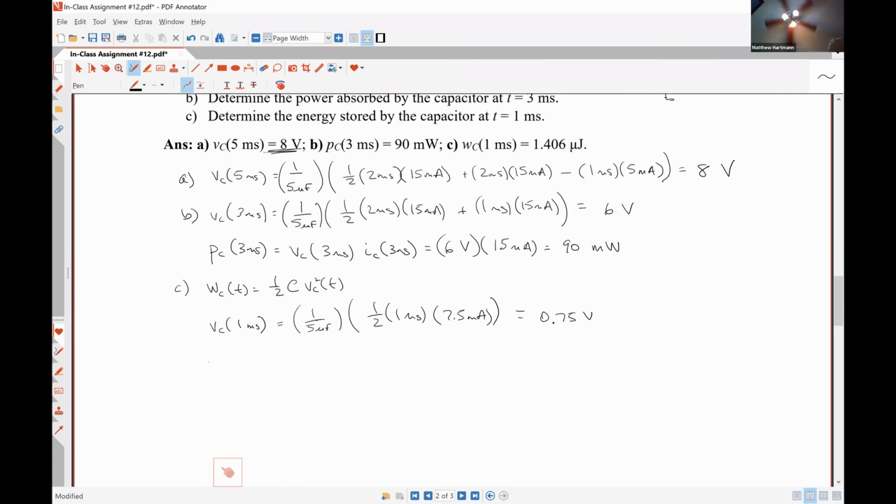So from this, let's see, 1.406 microjoules. All right, that seemed easy enough.